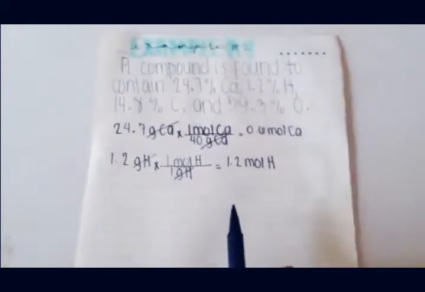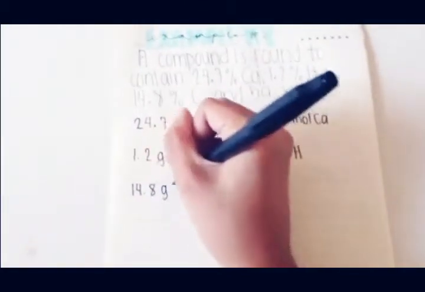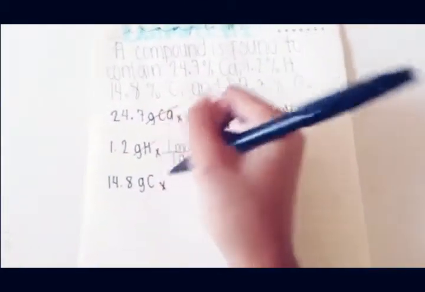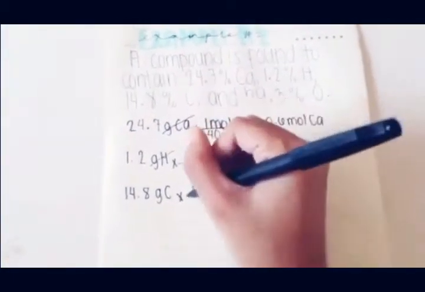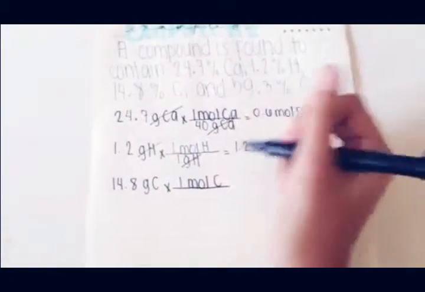The next one is the carbon. So we have to write it down. 14.8 grams carbon multiplied by 1 mole carbon over its atomic weight.